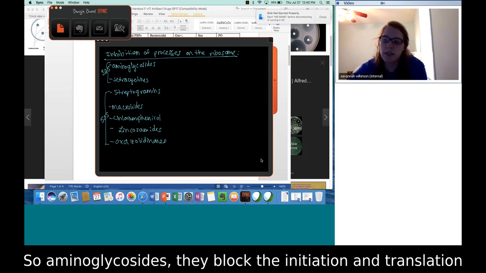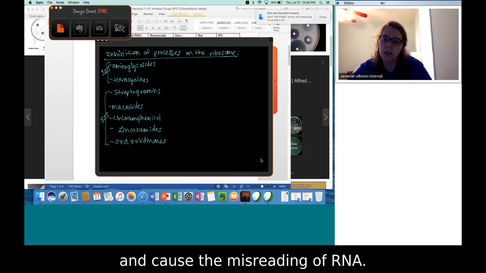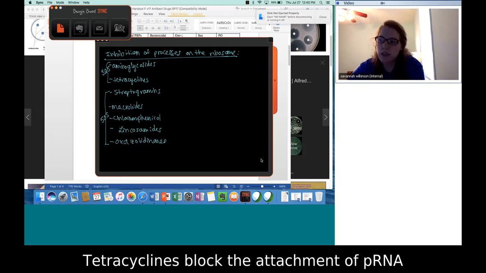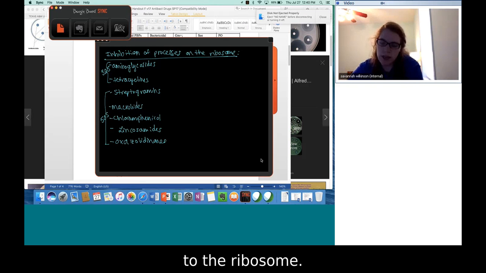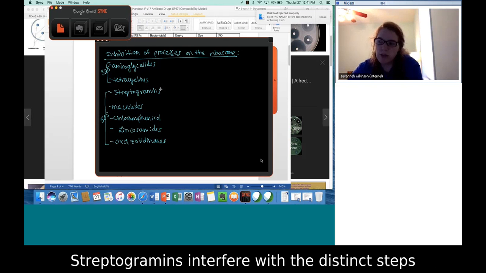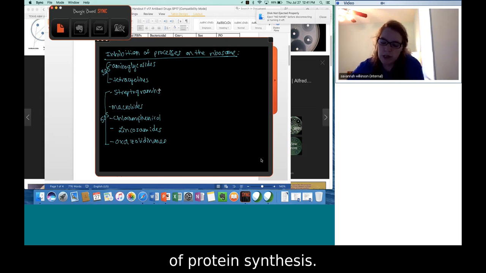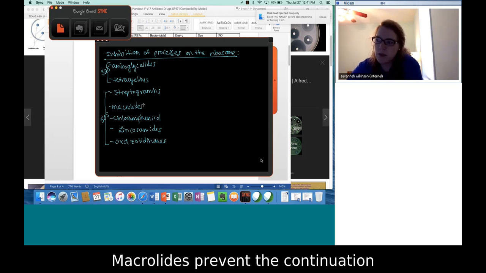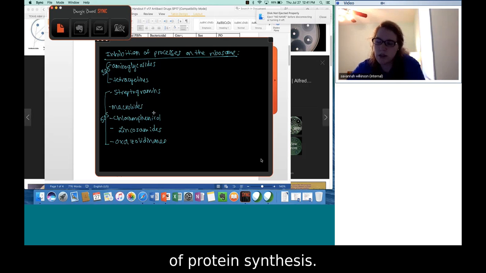So aminoglycosides block the initiation of translation and cause the misreading of mRNA. Tetracyclines block the attachment of tRNA to the ribosome. Streptogramins interfere with a distinct step of protein synthesis. Macrolides prevent the continuation of protein synthesis.